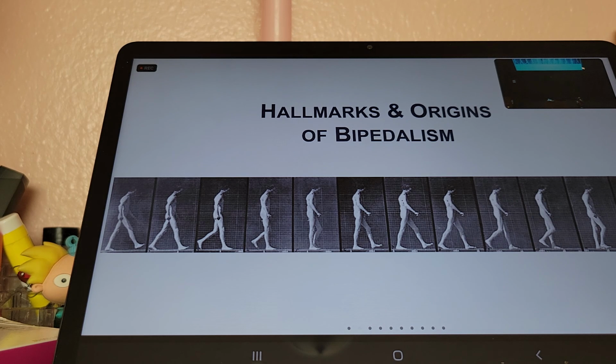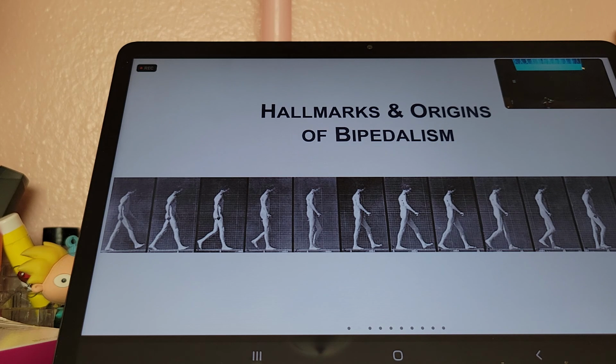Right? That is how closely related we are. And then we with gorillas are more closely related to each other than gorillas are to orangutans. So we share this very close genetic relationship, but they can't do obligatory bipedalism like we can, right?